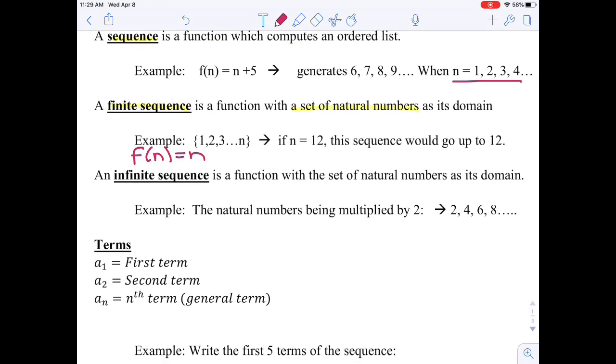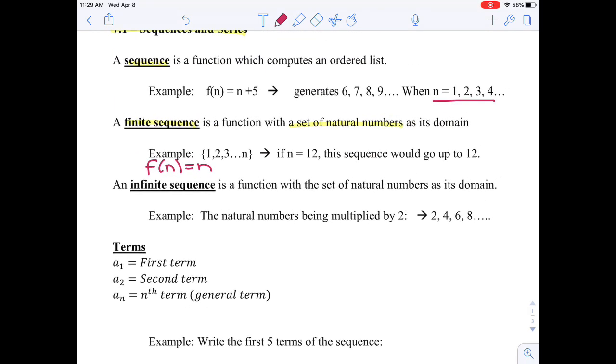If I did that for the one above, this list would not go on forever. It would just go until n was 12, and 12 plus 5 would give me 17. So I generate 6 when n is 1, a 7 when n is 2, an 8 when n is 3, and eventually when n is 12, it would come out with a 17. And that would be my finite sequence.